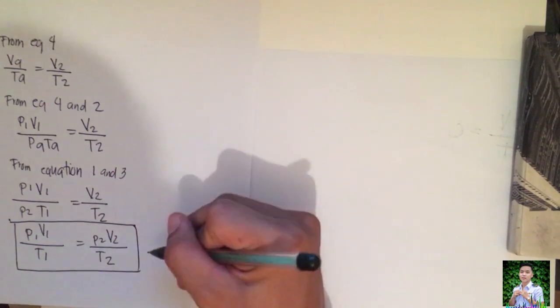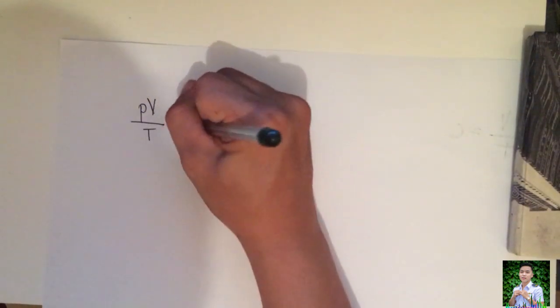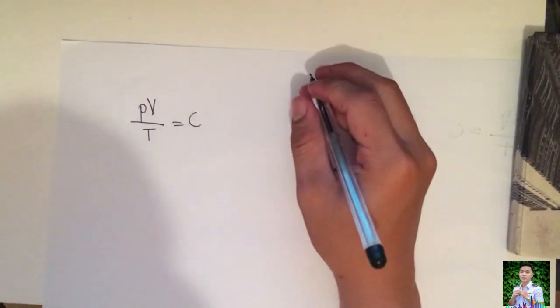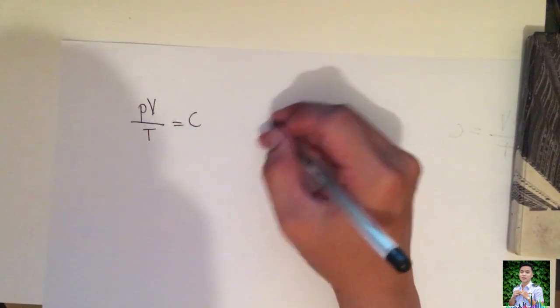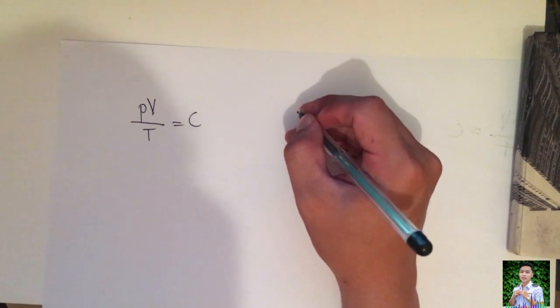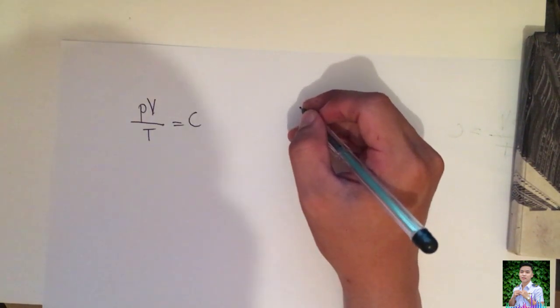So, from this equation, we can say that PV over T is equal to constant. That means constant can be replaced by R, the gas constant.